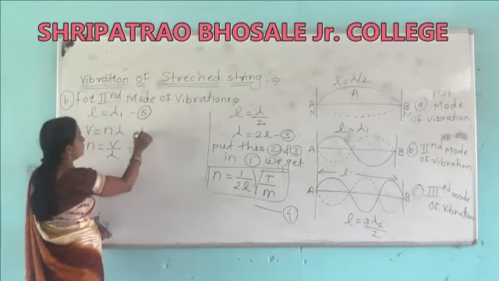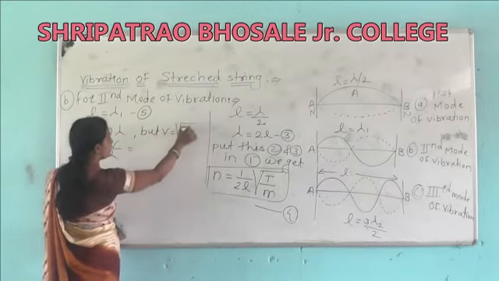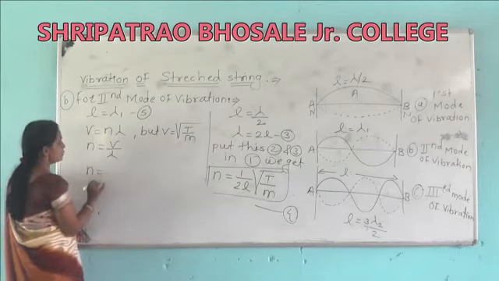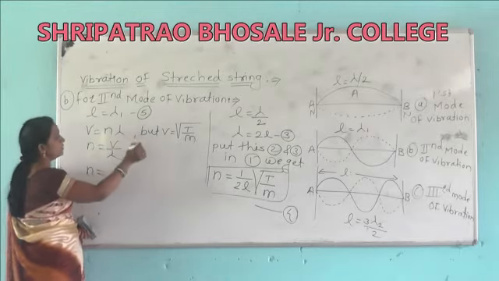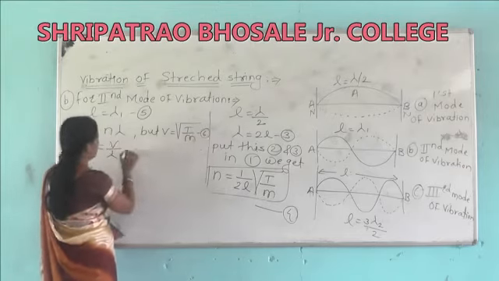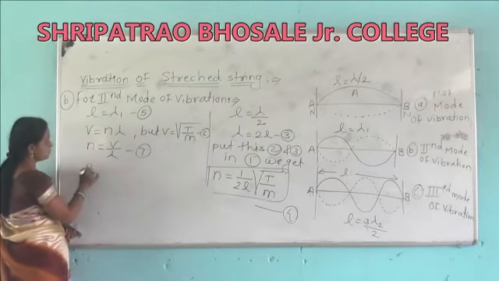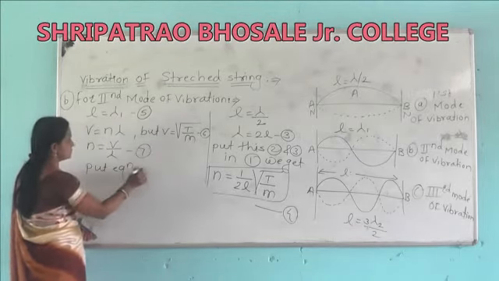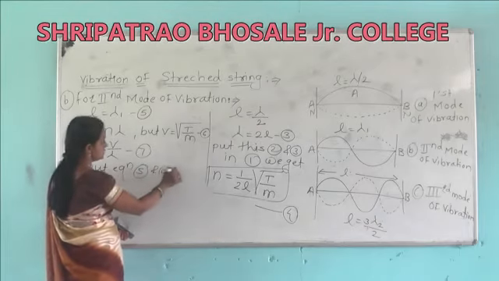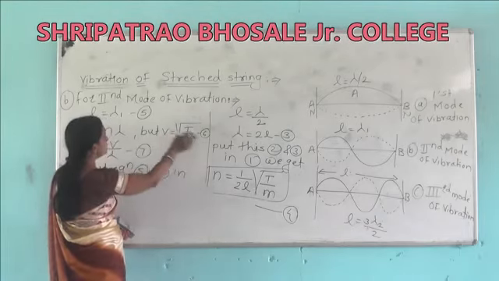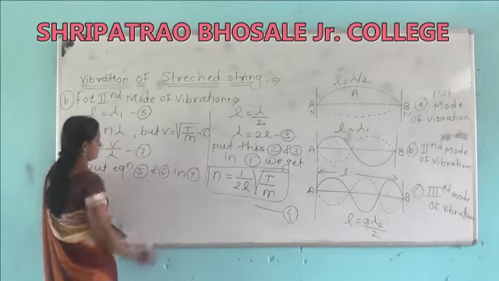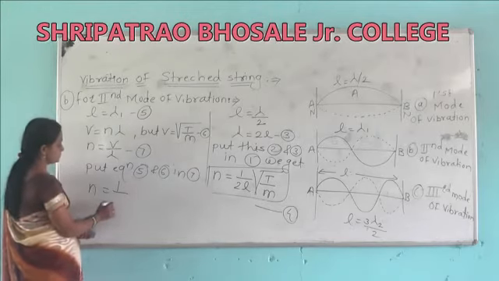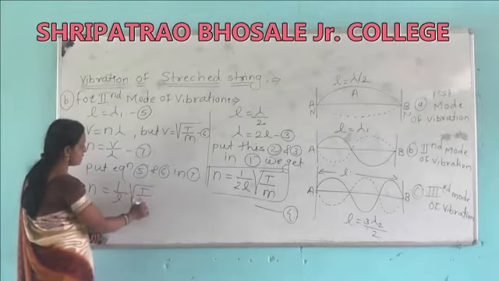V is equal to square root of T by M. By putting 5 and 6 in equation 7, we get N is equal to 1 divided by L square root of T by M.